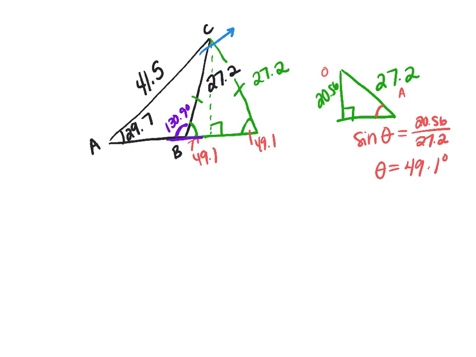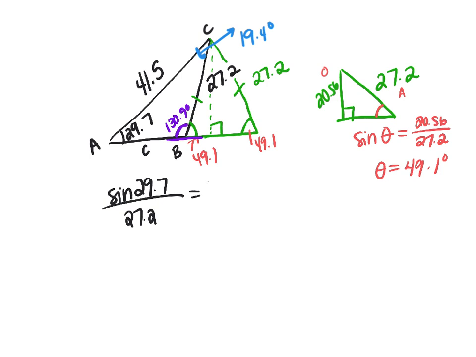So angle C would be 19.4 degrees. So now we have all three angles in our new one. We just need to find the sides, and we can use law of sines for that. So, using side A, 29.7 over 27.2 is equal to, well, actually, the last one we have to find is just side C because we have B already.